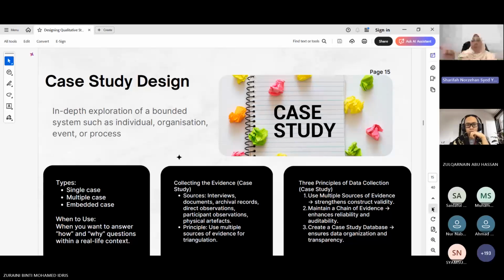Quanti and quali is methodological triangulation. You have two types of triangulation: methodological triangulation, and another one, data triangulation.